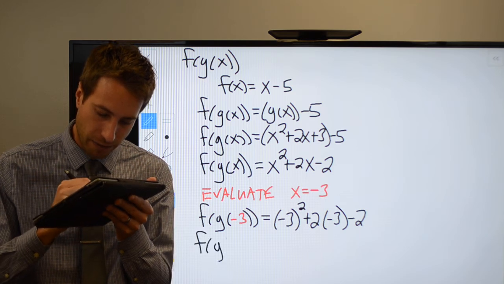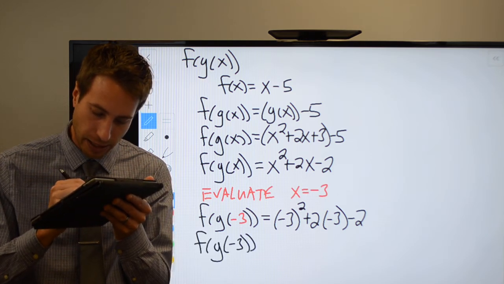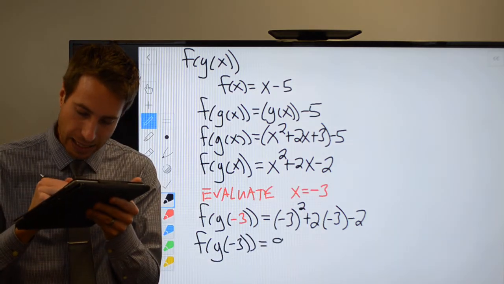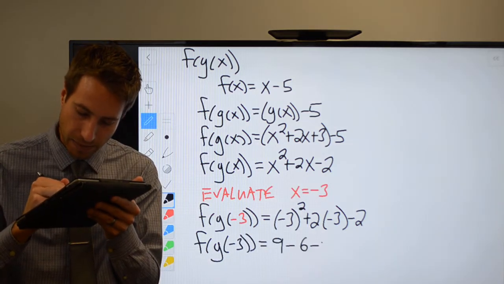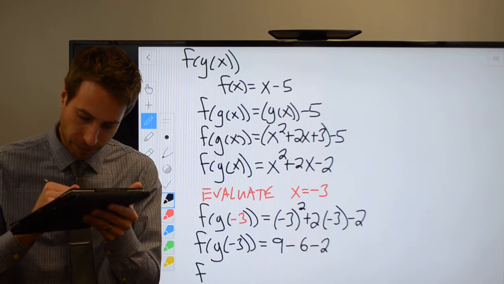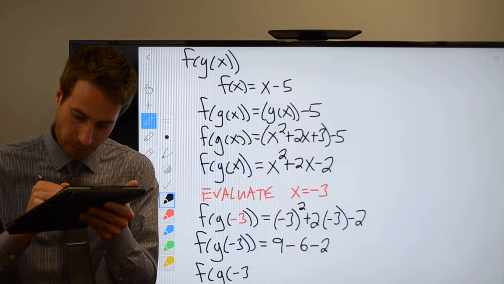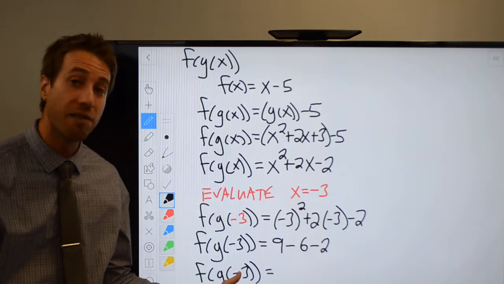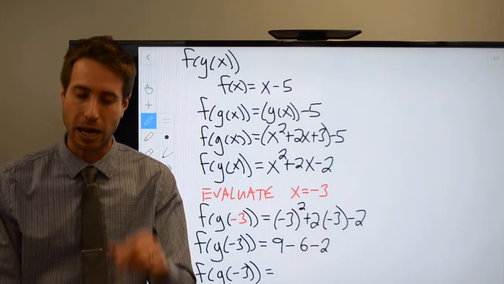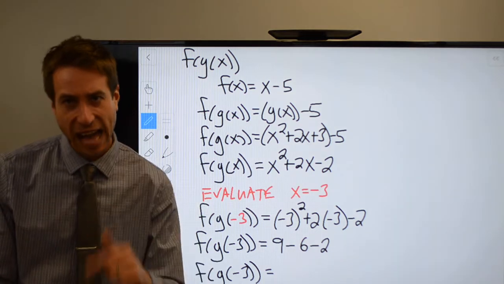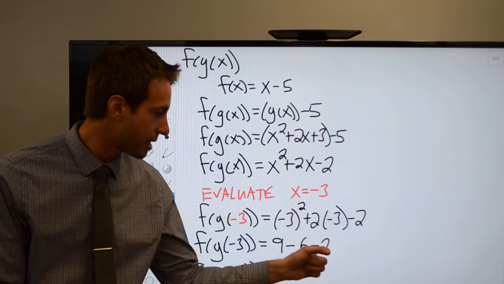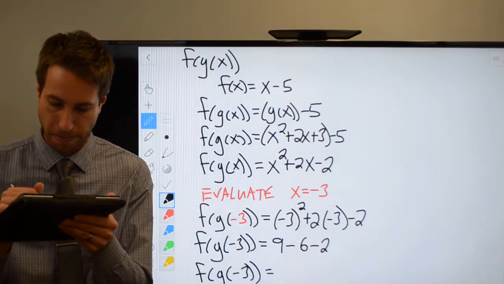So f of g of negative 3 is equal to, negative 3 squared is going to be 9 minus 6 minus 2. So my composite function, f of g of negative 3, evaluating my composite function at the domain value of negative 3 is going to give me, that's a negative 8, so it should be a positive 1.